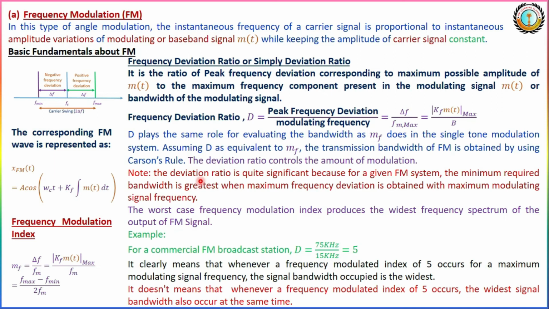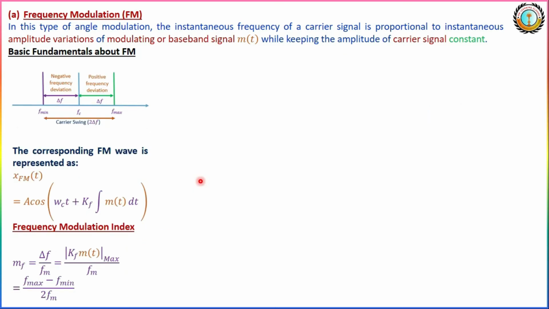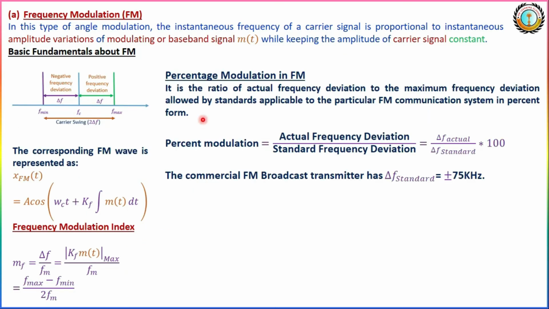When we consider the bandwidth of the modulating signal, or we want to control the amount of modulation in FM, we have another parameter, that is percentage modulation in FM. As per the definition, percentage modulation in FM is the ratio of actual frequency deviation to the maximum frequency deviation allowed by the standard applicable to the FM communication system, in percentage form.